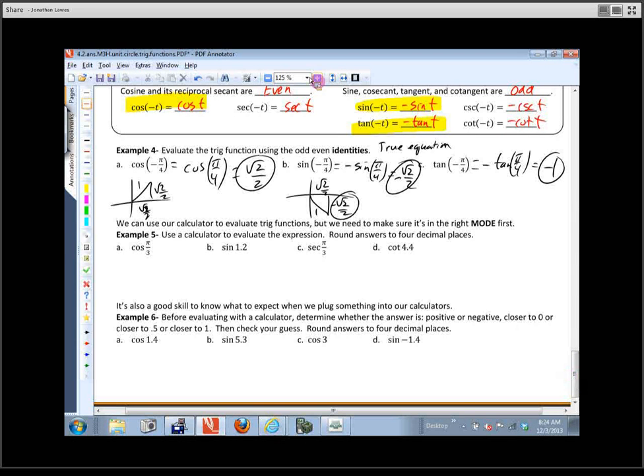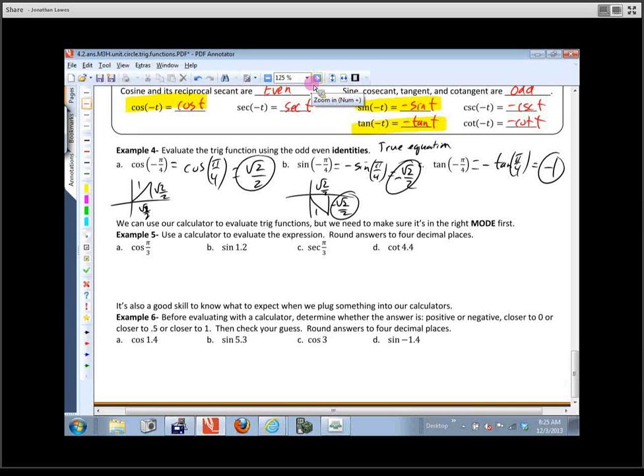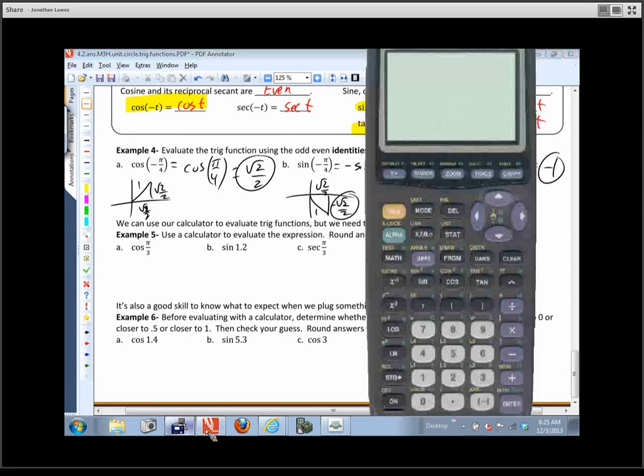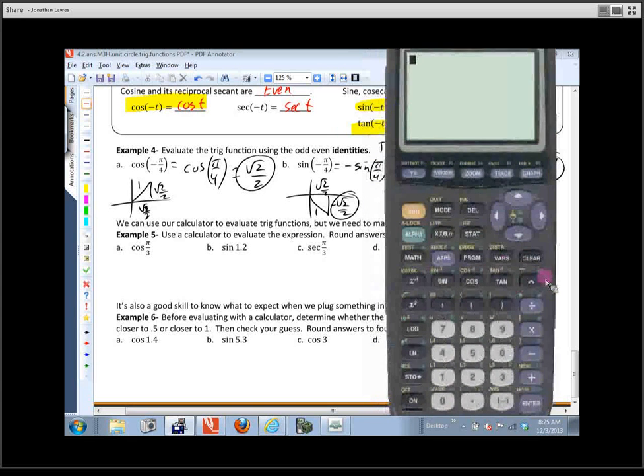Okay, and now we get to use our calculator to find some of these. So go ahead and grab your calculator. The first thing I want you to do is check the modes. I've got everything cleared off the home screen, and here's what I want to check.